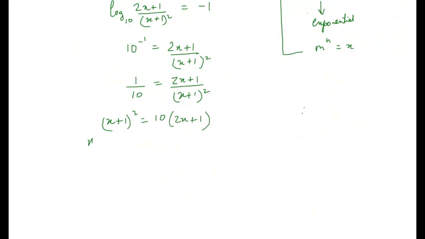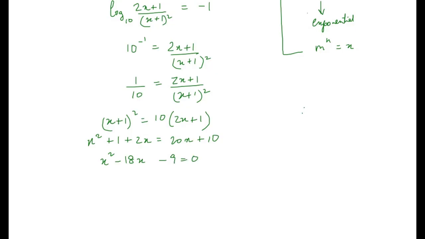This will give me a quadratic. So x squared plus 1 plus 2x is equal to 20x plus 10. Gathering the like terms and simplifying, x squared minus 18x minus 9 is equal to 0.